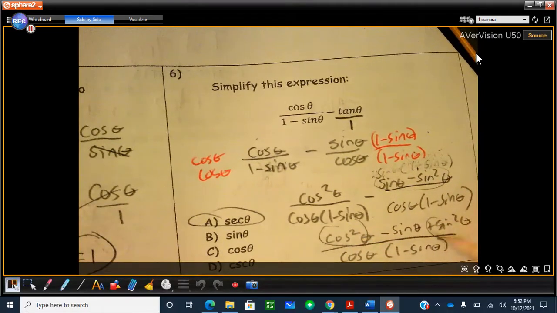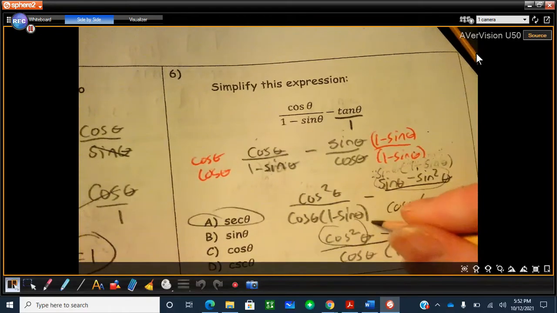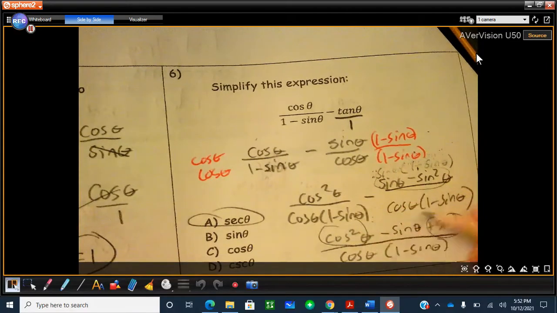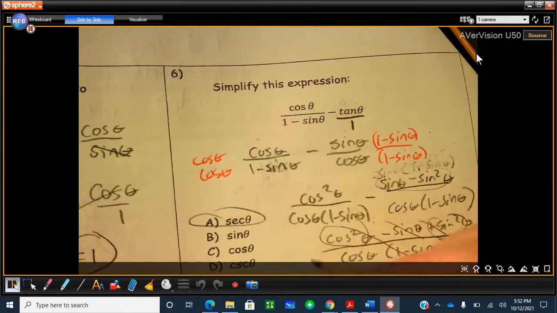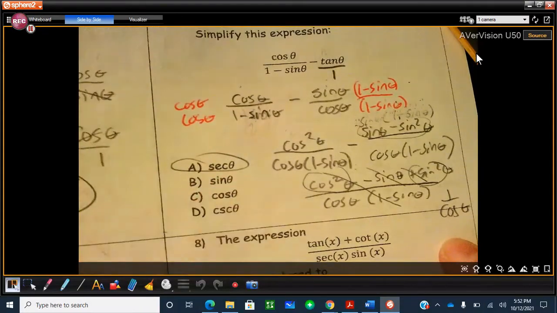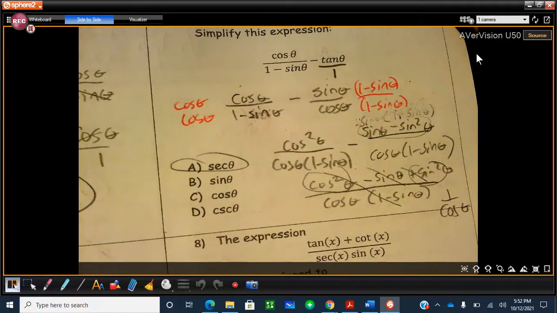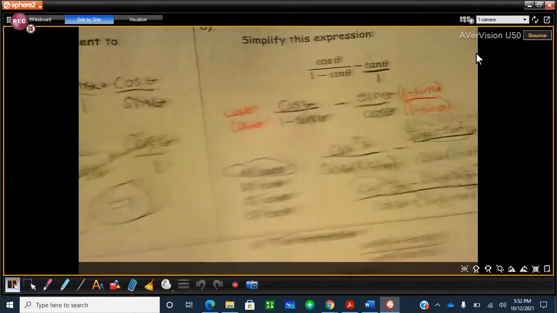Cosine squared theta plus sine squared theta is 1. And so up here I end up having 1 minus sine theta, and that means all of these cancel. So I end up with 1 over cosine theta, which is secant theta. That was a lot of work. So you decide which method is better for you.